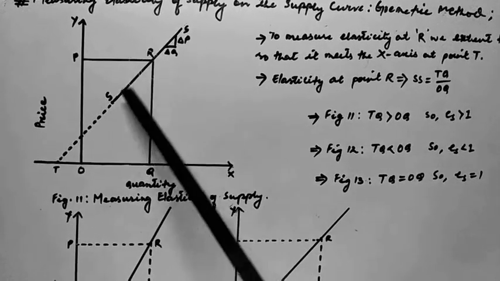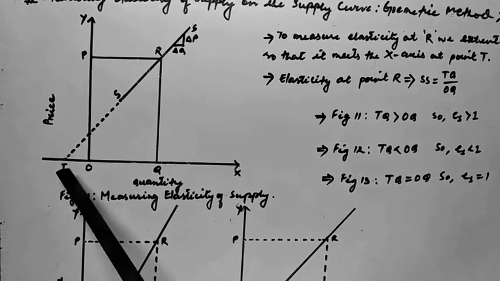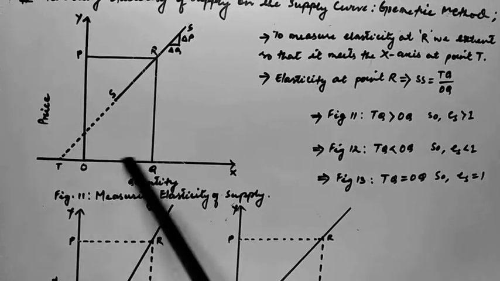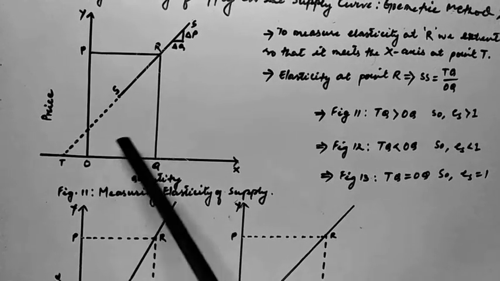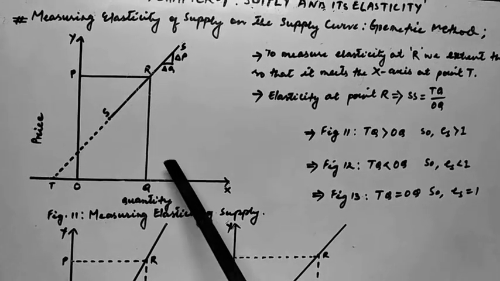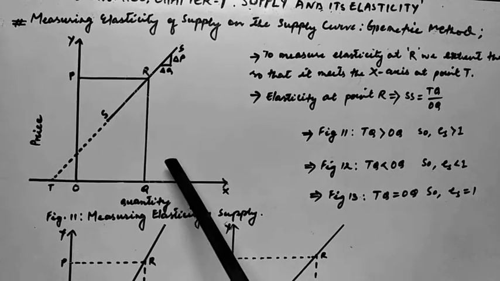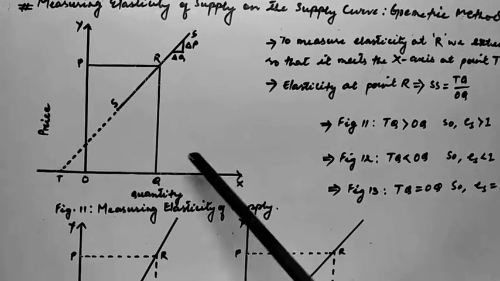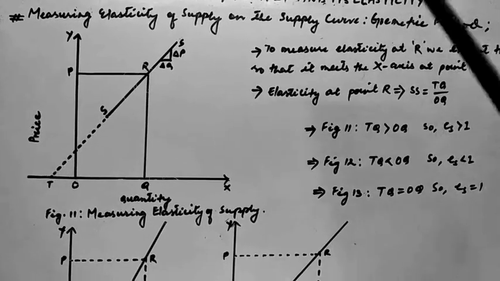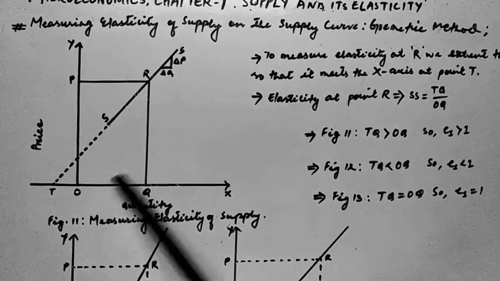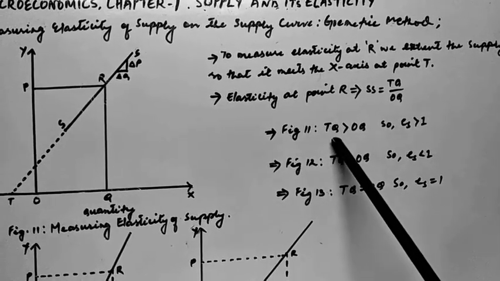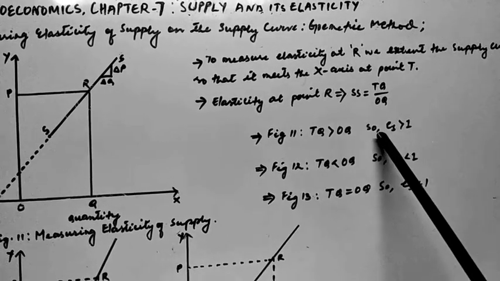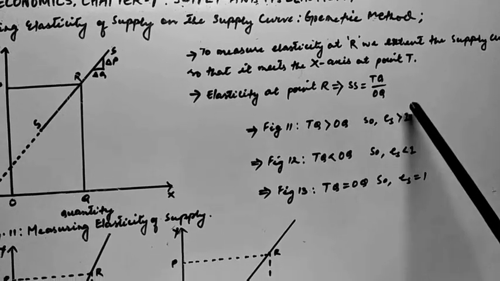So the coefficient of elasticity of the supply curve will be greater than 1. Since in figure 11 TQ is greater than OQ, elasticity is greater than 1.